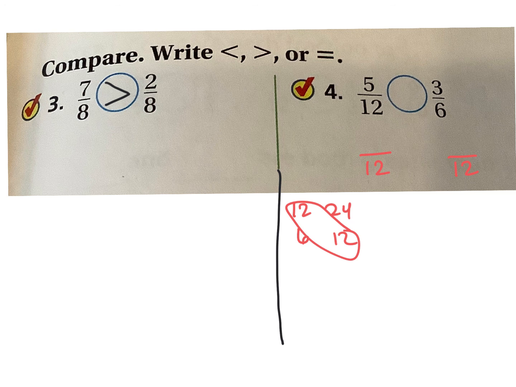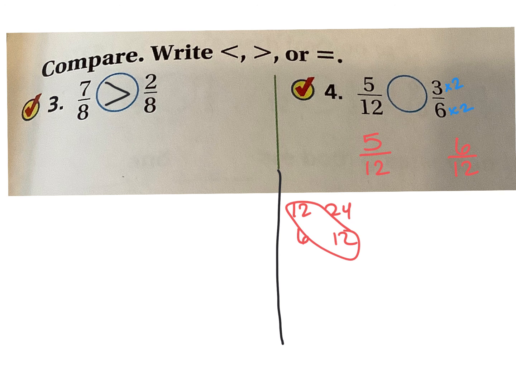Well, 5/12 already has a denominator of 12. I don't have to do any manipulation to that. He's fine. The one I need to change is 6 to make it become a 12. Well, it took 2 times of counting. 6 times 2 is 12. So I would do times 2, and that gave me 12. And if I did that to my denominator, I must do that to my numerator to make sure it stays equivalent. 3 times 2 is 6.